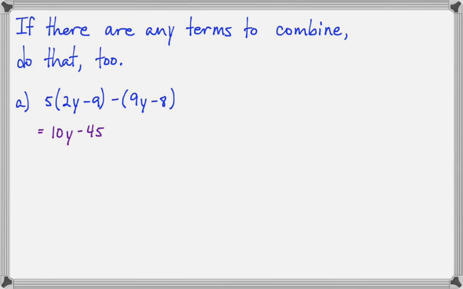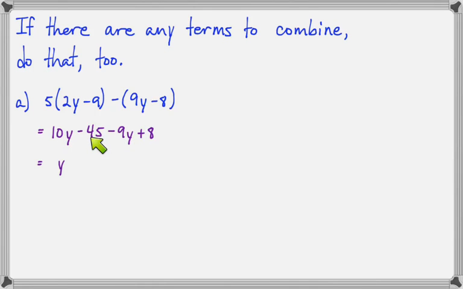Negative 9y makes minus 9y. And negative minus 8 makes plus 8. Now look at your terms here. We have positive 10y and minus 9y. So 10 minus 9 makes positive 1. So 10y minus 9y makes 1y.